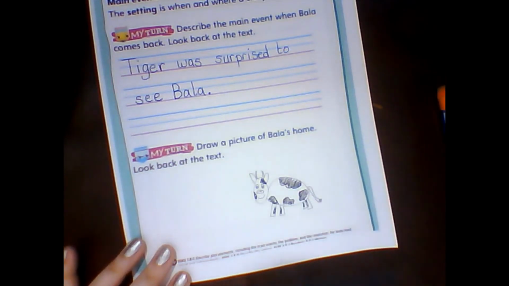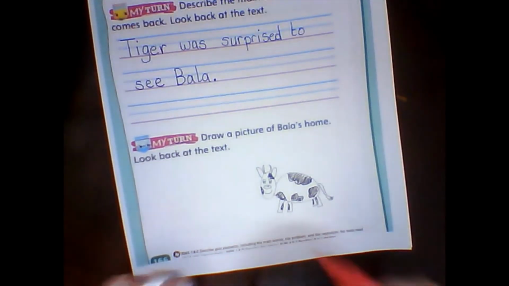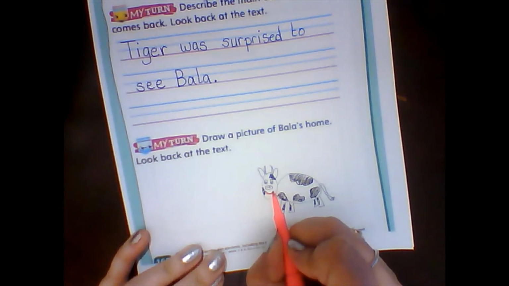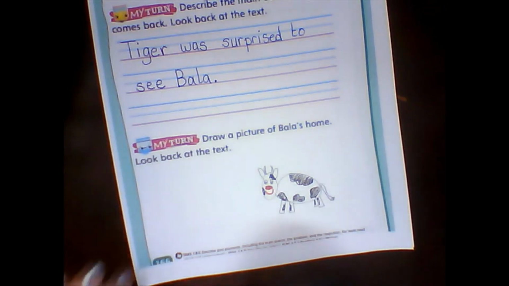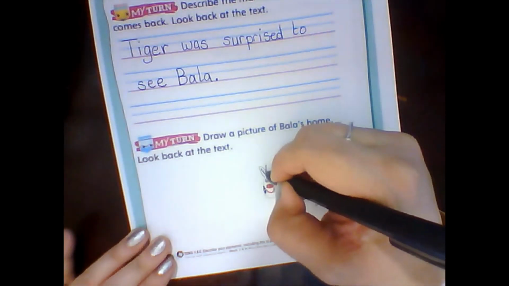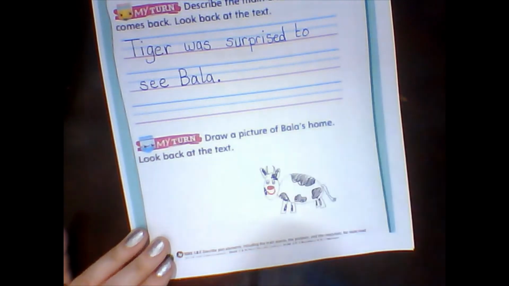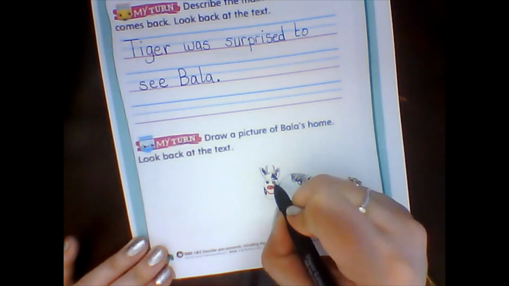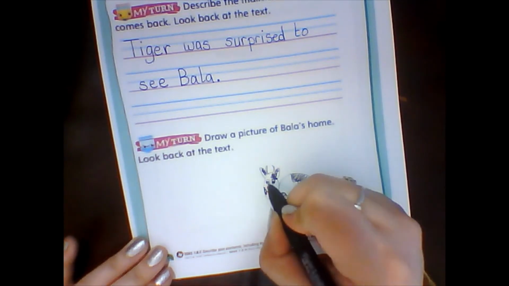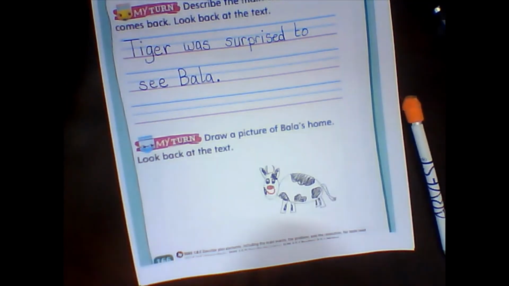Let's give her a smile. So she's happy. Remember, she had a pink nose. Let's draw some of her ear in the color there. And let's give her eyes so you can see them. Okay, so here we have Bala.